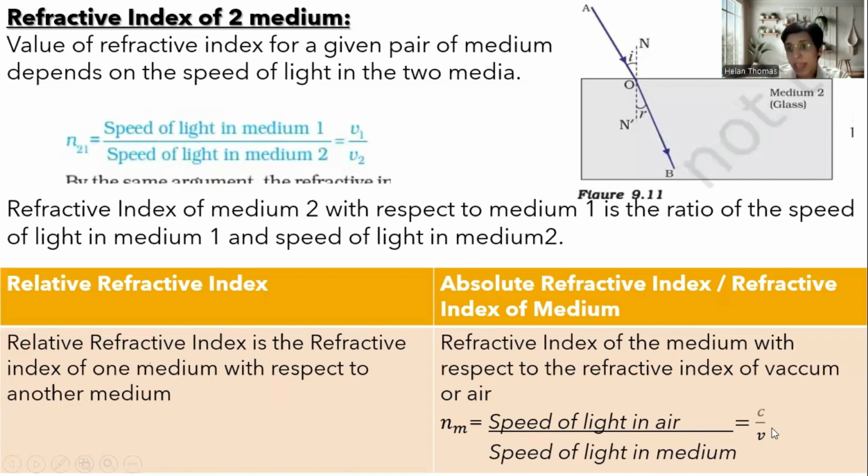If we call that speed v, then the refractive index of that medium, nm, is equal to c by v. This formula we have to remember. So the absolute refractive index of a particular medium is the speed of light in air or vacuum to the speed of light in the particular medium, that is, c by v.